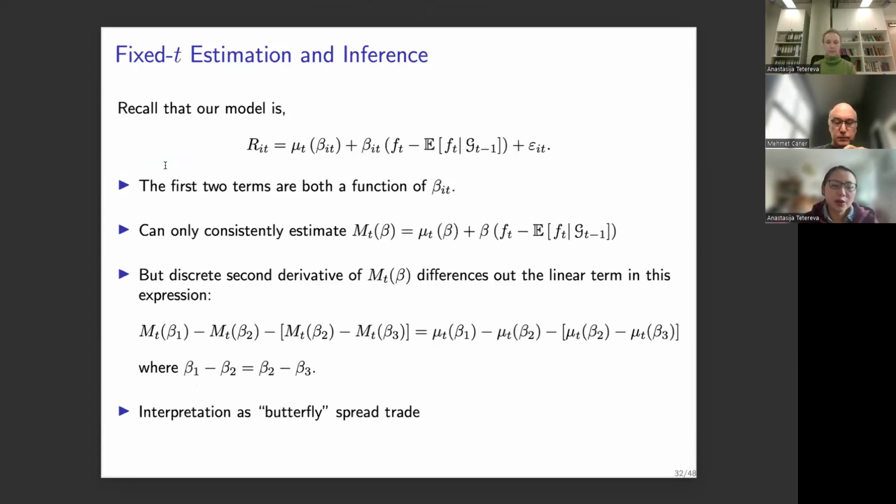Okay, so for fixed T estimation and inference, we also have a set of results. After we changed our draft four times, we deleted everything in the main text.